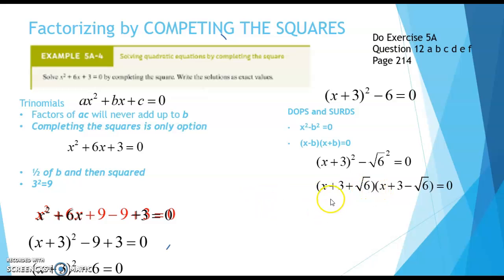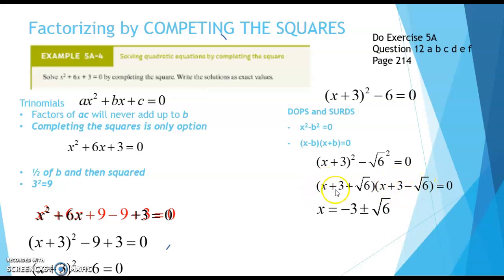And to get our solution, remember it's the b term, which in this case is this here. It's going to be 3 minus root 6. So minus 3 minus root 6 and minus 3 plus root 6.